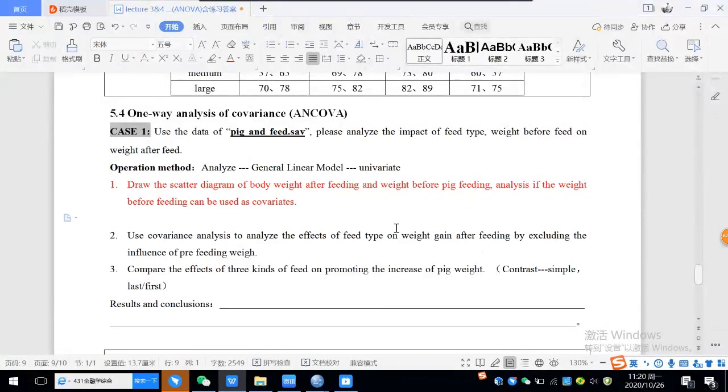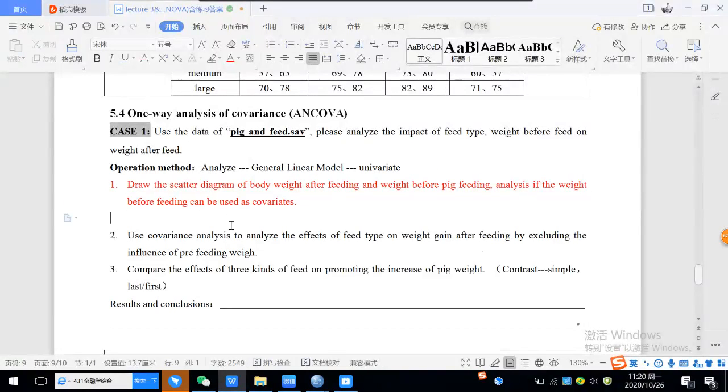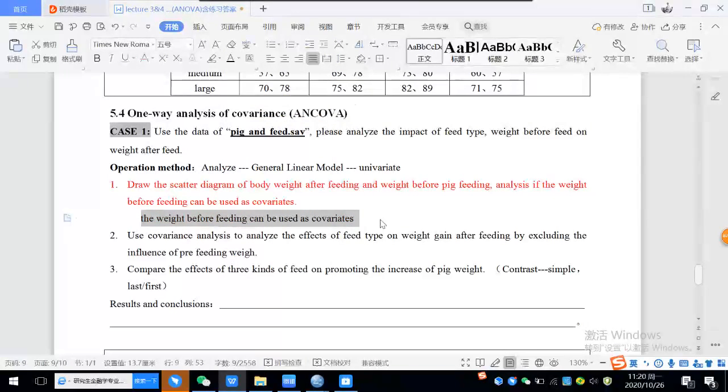So our answer is that the weight before feeding can be used as a covariate. Yes, that's our result, that's our conclusion. Okay. Why?